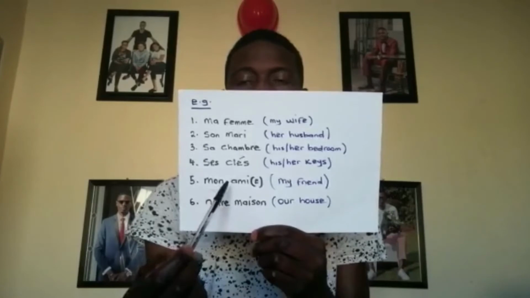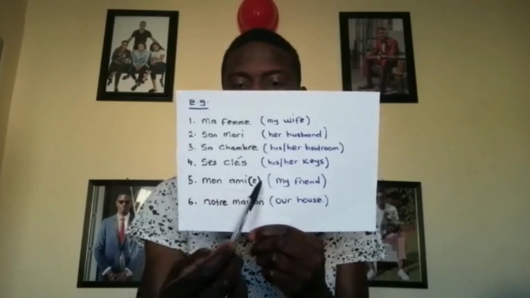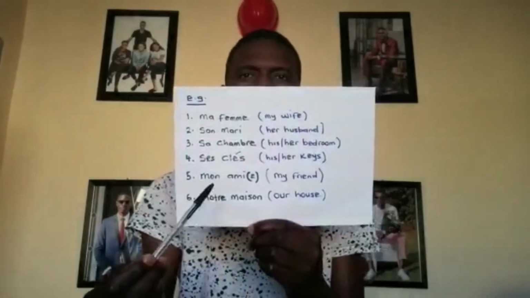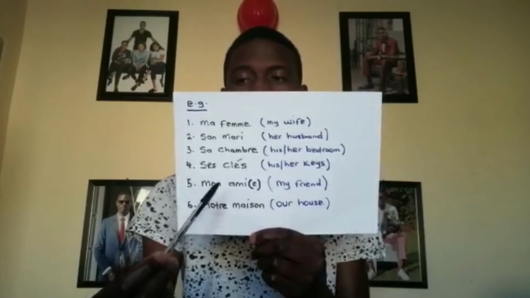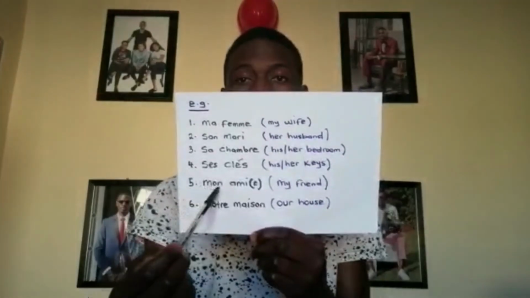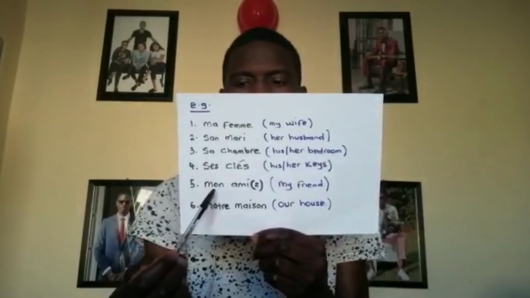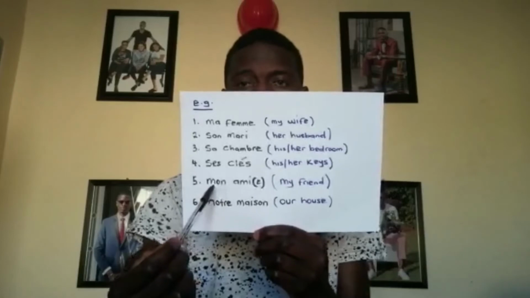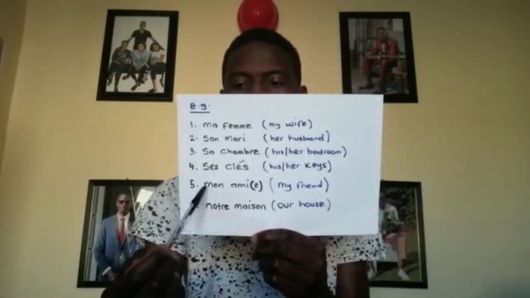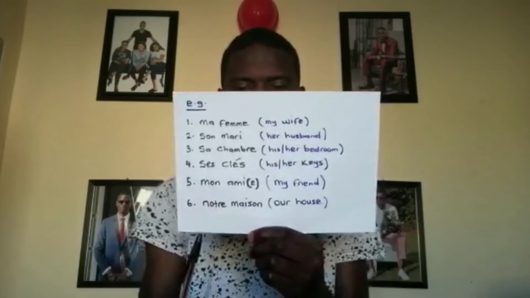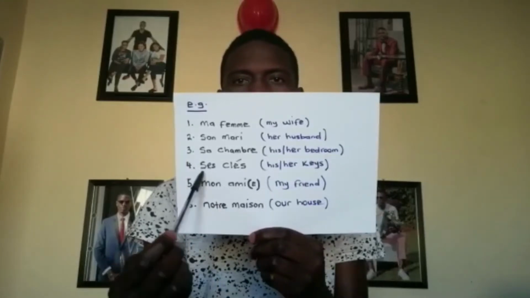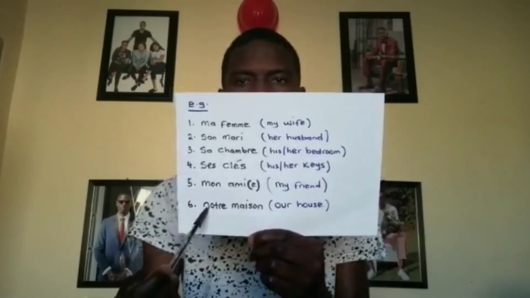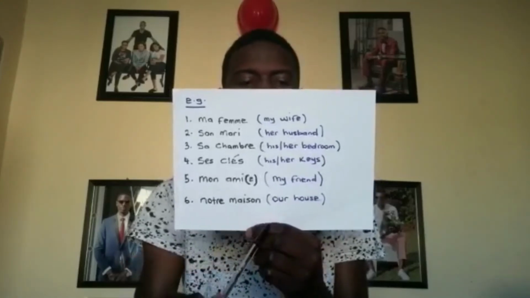Because even if ami is a feminine noun, it would more directly need a feminine possessive adjective. But because ma also has a vowel at the ending, that cannot fit well, and that's why you need to use a masculine possessive adjective. So it becomes mon ami for either masculine or feminine to mean my friend. And then we have down here notre maison to mean our house.